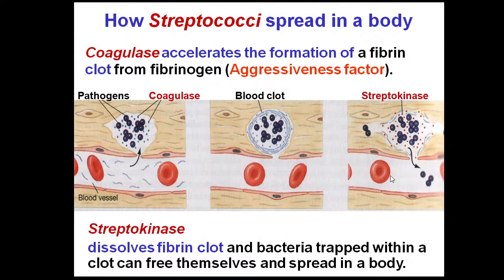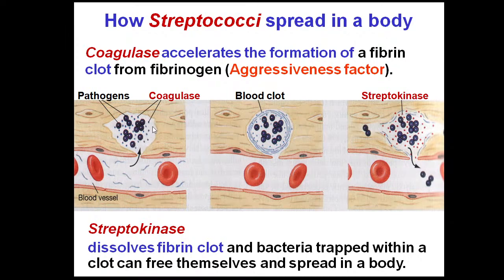So here you can see how it works. See? This is a pathogen that is introduced into the deeper tissues by inoculation, maybe by punching of some object, right? Okay. And then when pathogens multiply, they produce, can you see the very tiny blue dots, right? They produce the protein molecules that are called coagulases, right?